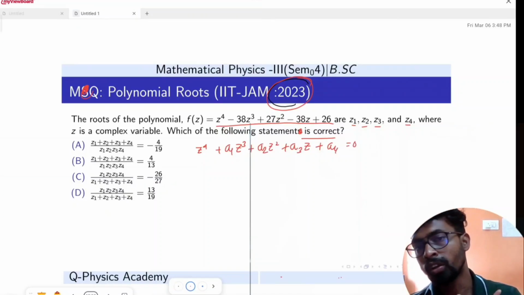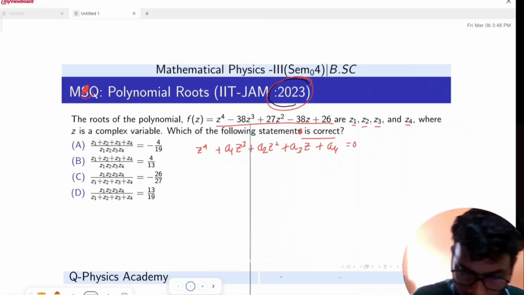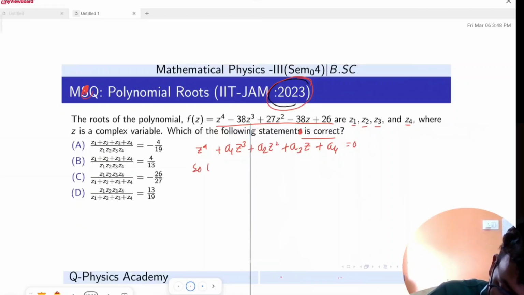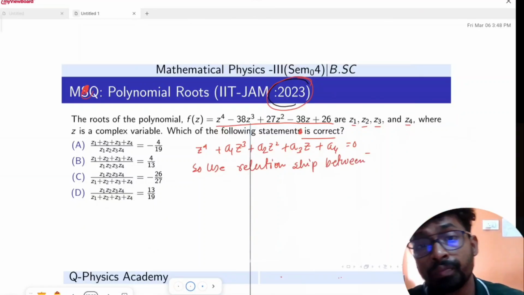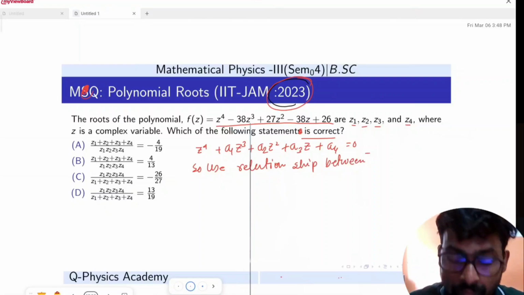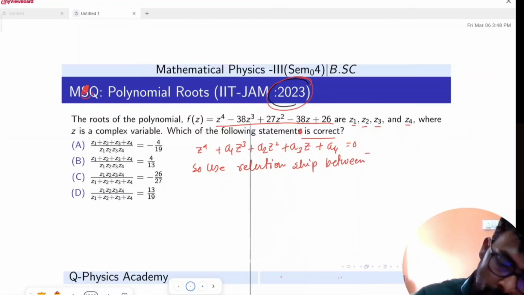So we already have the relationship between the coefficients and the roots. So use the relationship between roots and coefficients.